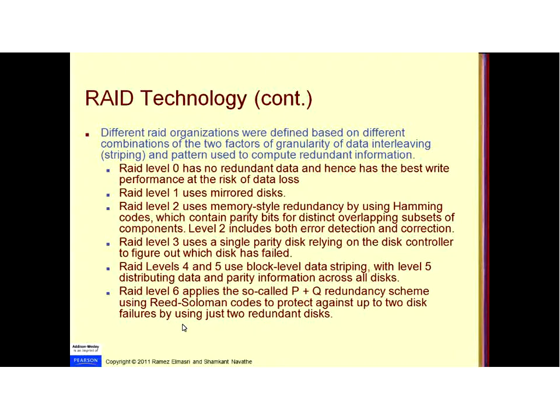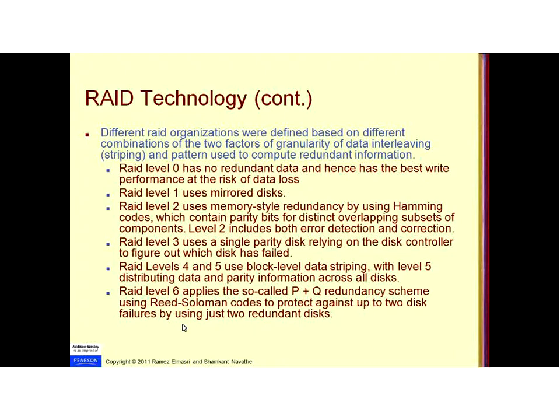In RAID level 1, we use mirrored disks, where the disk keeps a copy of it. RAID level 2 uses memory style redundancy by using Hamming codes, which contain parity bits for distinct overlapping subsystem components. So we have some error detection and correction mechanism in RAID level 2.